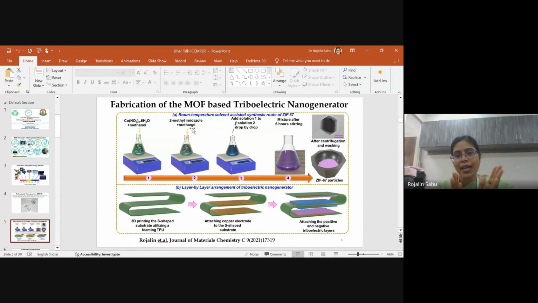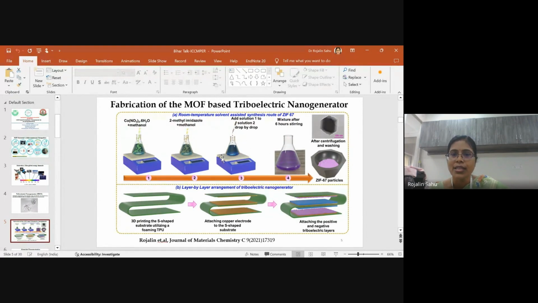It is a hybrid organic-inorganic material, well known for its ultra high surface area, and it has a combination of properties of inorganic as well as organic materials. To use that benefit, we have used ZIF-67 as the triboelectric material.